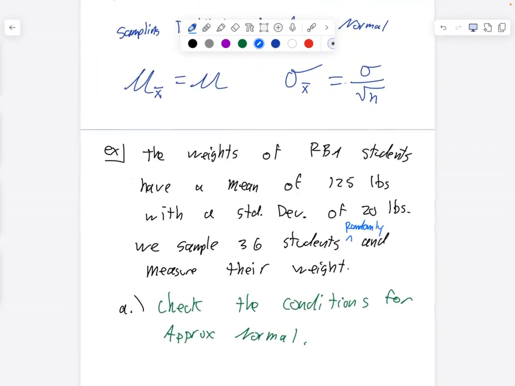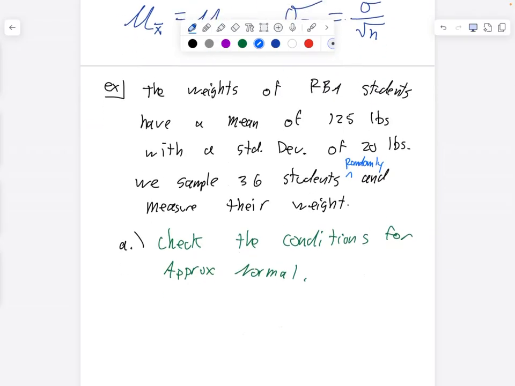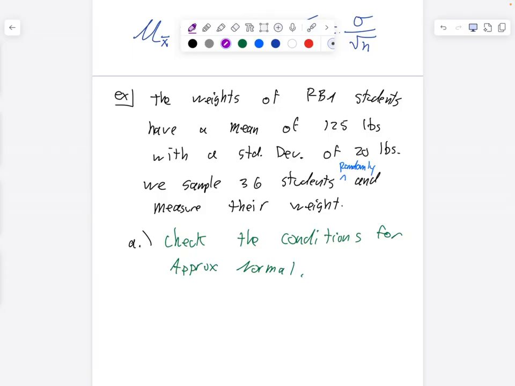Next one, the I. 36 is, and we're going to use the students, less than 10% of RBA students. This is where I put the students. Chloe was saying 36 students is less than 10% of students. So we have less than 10%.